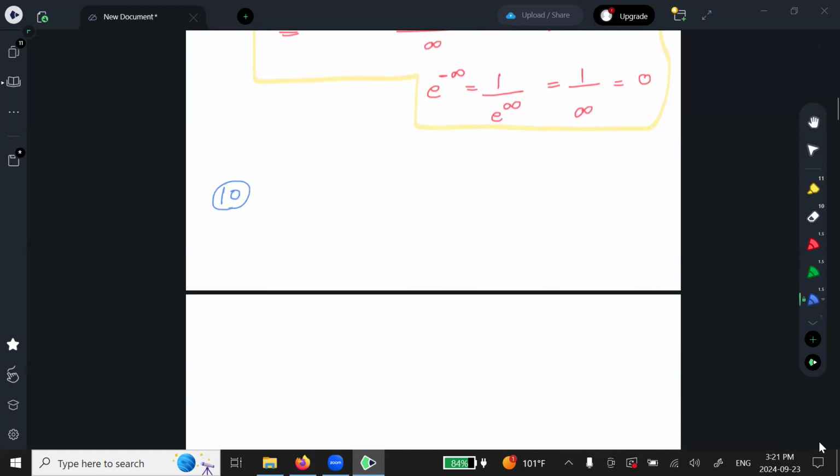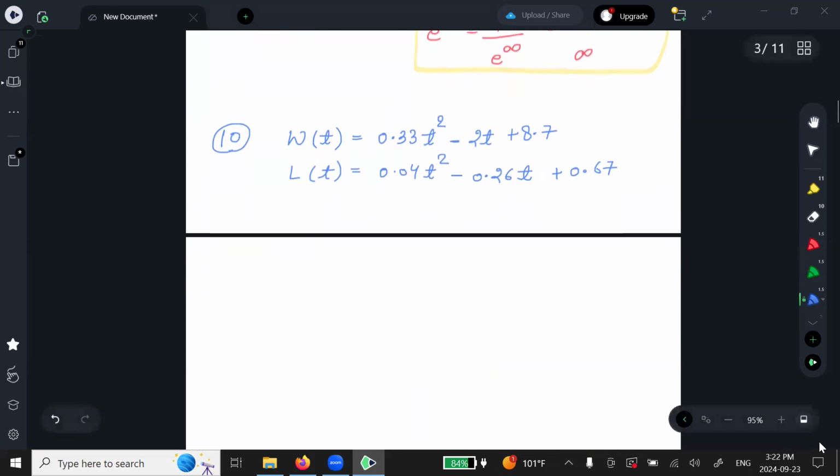Number 10. So you are given two functions, w of t equals 0.33 t square negative 2t plus 8.7, and you're given another function L of t equals 0.04 t square negative 0.26 t plus 0.67, and you're asked two parts.